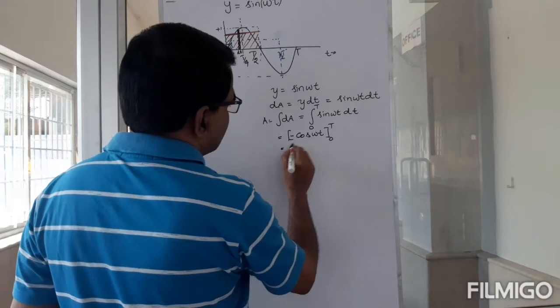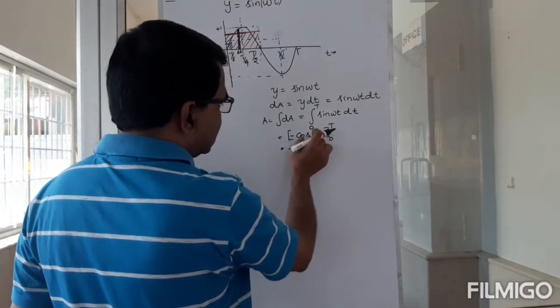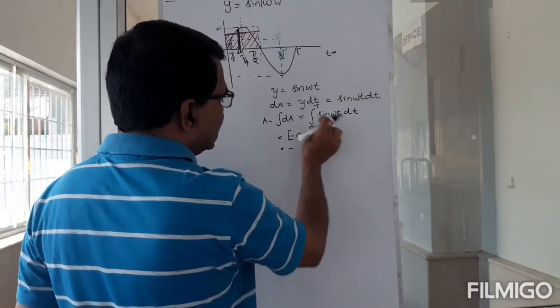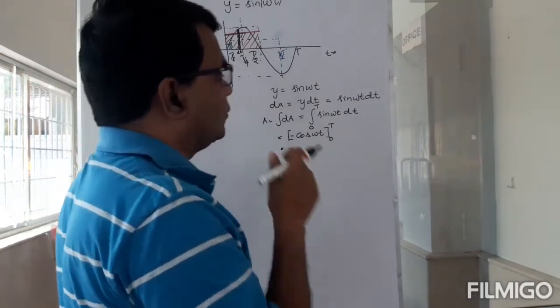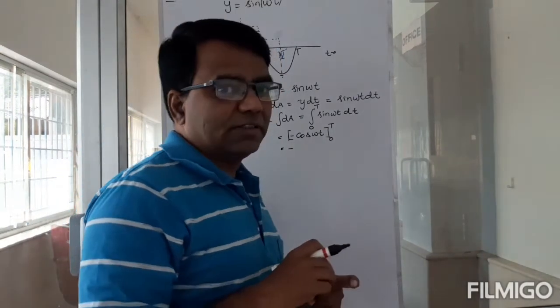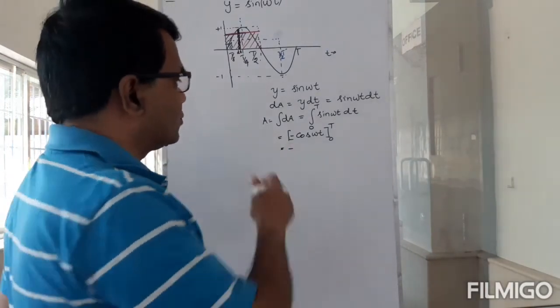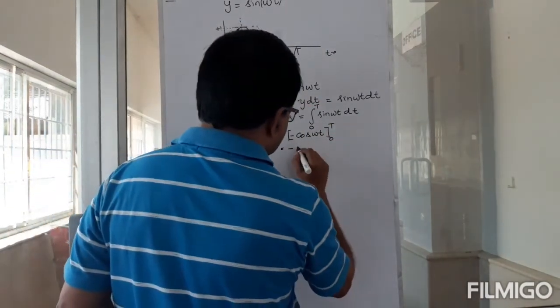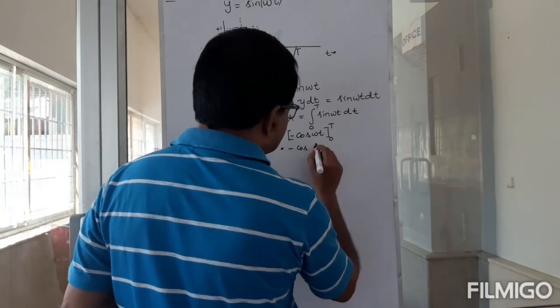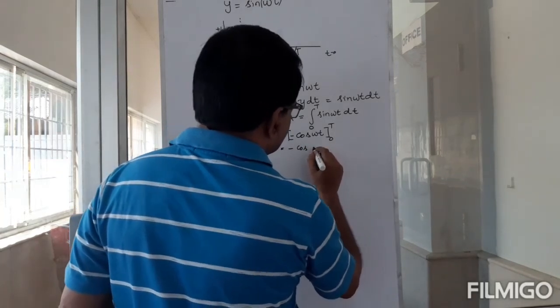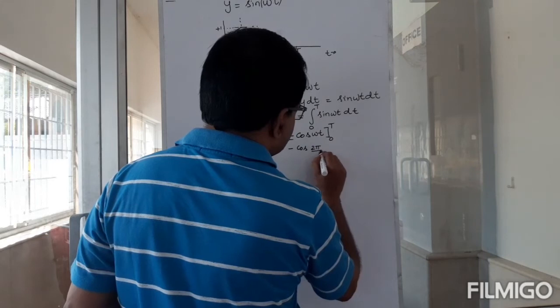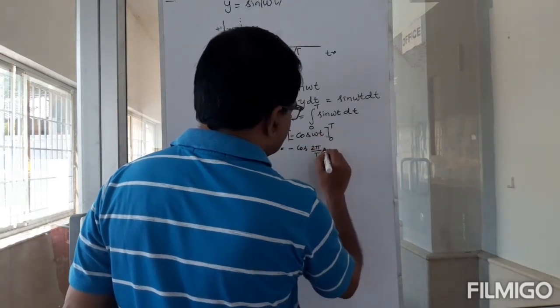So that will give me minus cos omega t. Omega is 2 pi by T, so minus cos 2 pi by T times t.